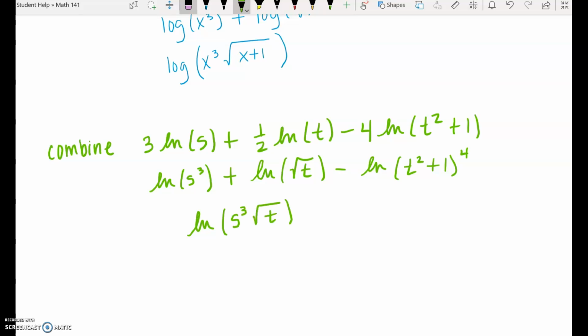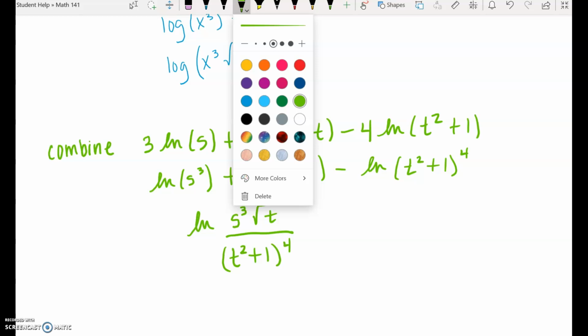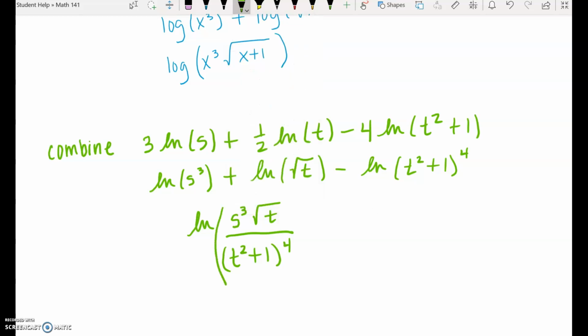The item that's subtracted will go down into the denominator. And I'll just put parentheses around the whole thing, like this. So that's your final answer.